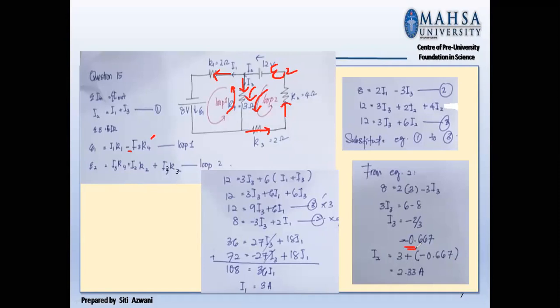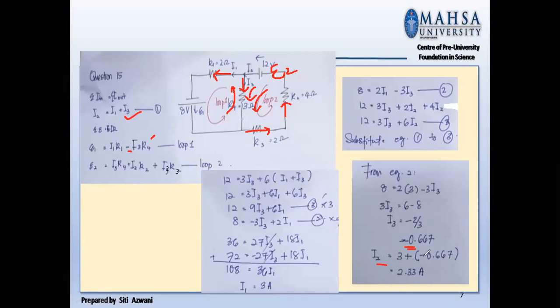Don't ignore the negative sign if you want to find another value. Let's say here I would like to calculate I2. By using the formula, I2 equal to I1 plus I3. Consider the negative sign here.